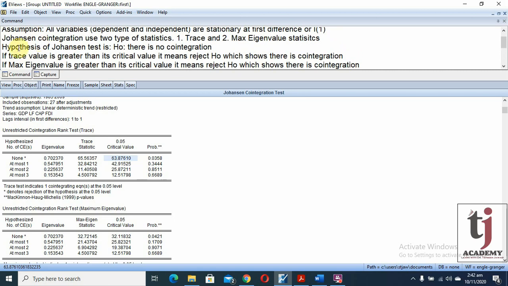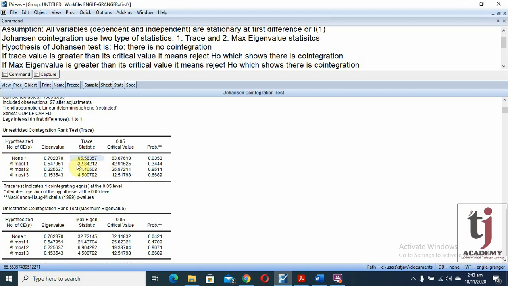If trace value is greater than its critical value, it means reject H0, which shows there is co-integration. So here 65.56 is the trace value and its critical value is 63.87. It means trace value is greater than its critical value, means reject H0.